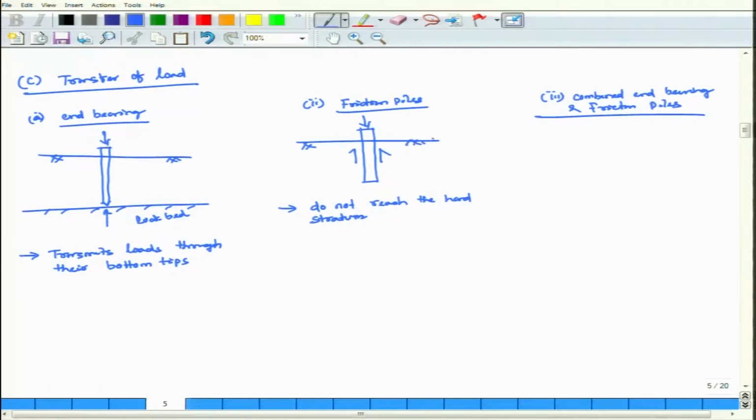No need to push it very long to the hard stratum. The pile transfers the load through your skin friction. This is what I have shown, and it is also called a floating pile.